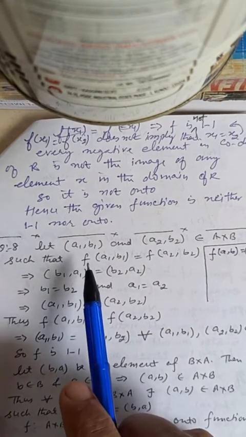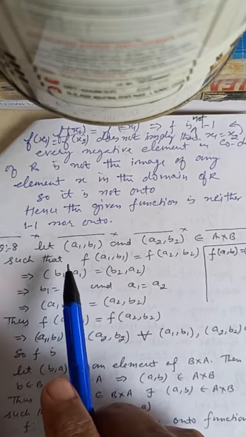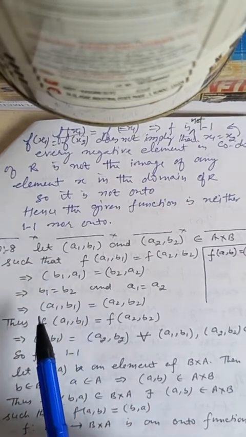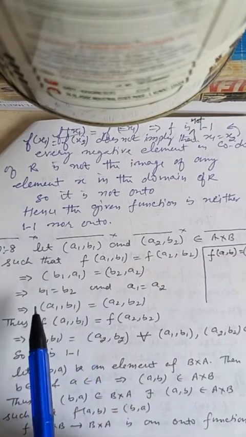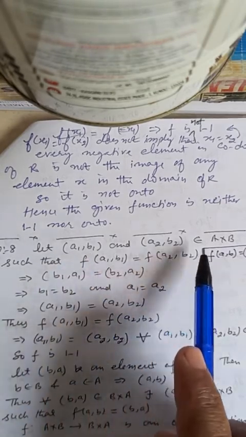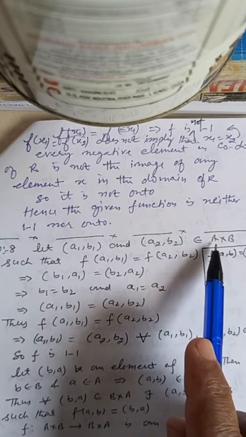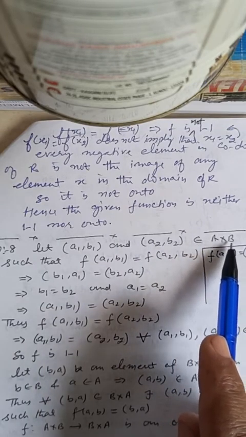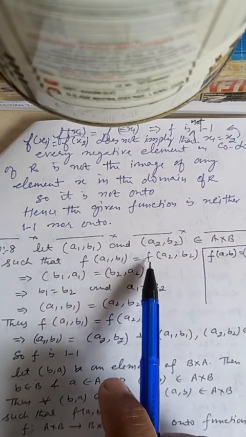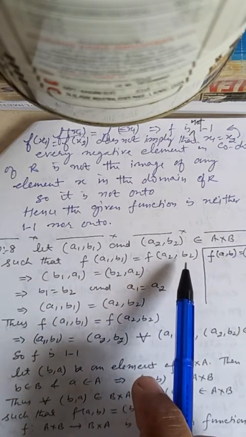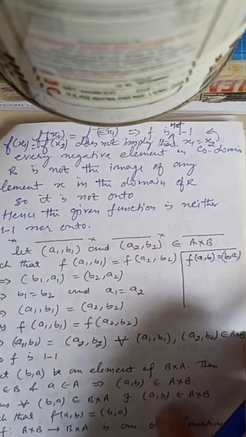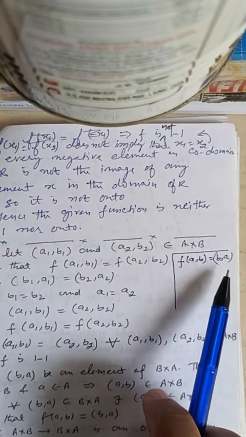Now, normally what we do to prove functions to be 1-1, we take two elements in the domain. Since it is in the form of a Cartesian product, we will take (a1, b1) and (a2, b2) belonging to the domain, which is here A cross B, such that f(a1, b1) = f(a2, b2), because the condition is given here, f(a, b) = (b, a).